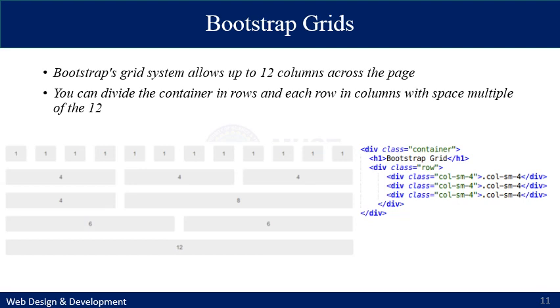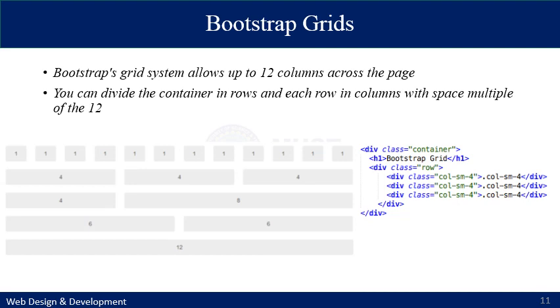The main element of Bootstrap is the Bootstrap Grid system, and it allows you up to 12 columns across the page. So you can divide the container into rows, and in each row the columns with the space multiple of 12.